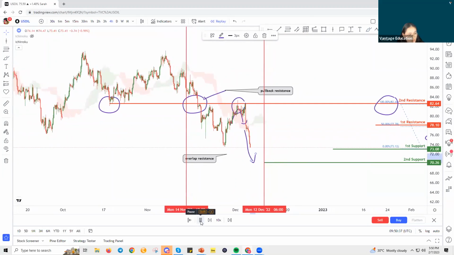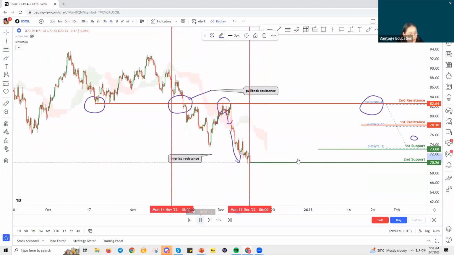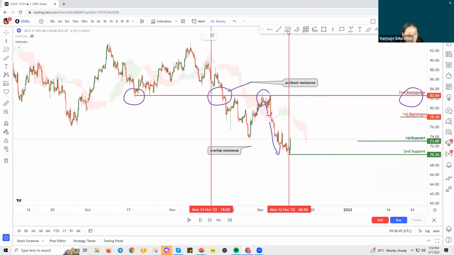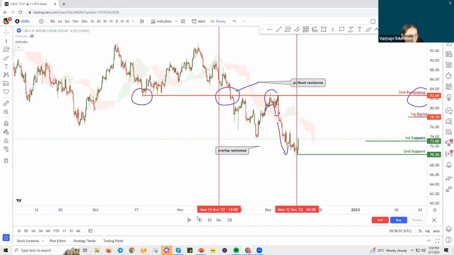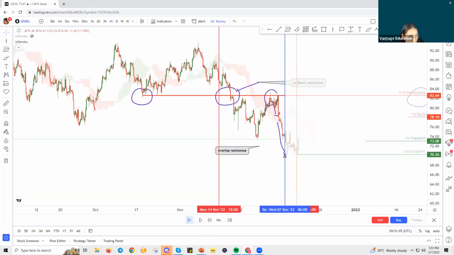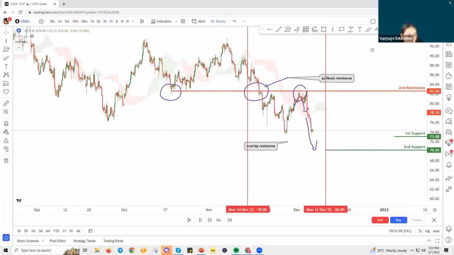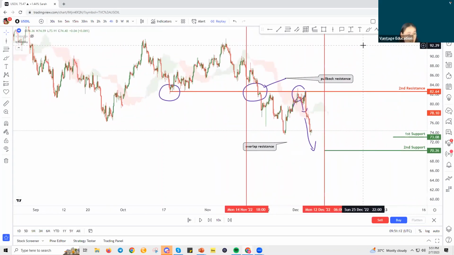Okay, let me see if I can find any Fibonacci to support that. Okay, so over here I can see there is a Nike tick here. So for Nike tick, that's what we call a Fibonacci extension.